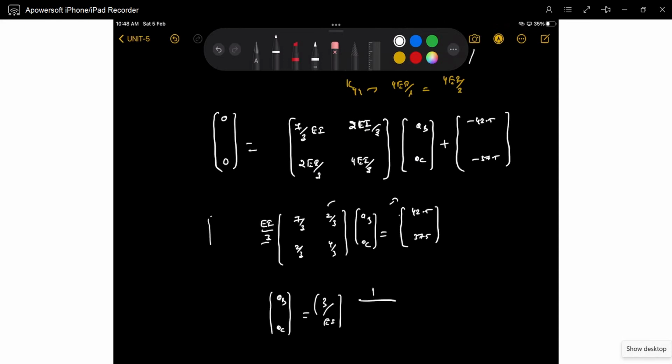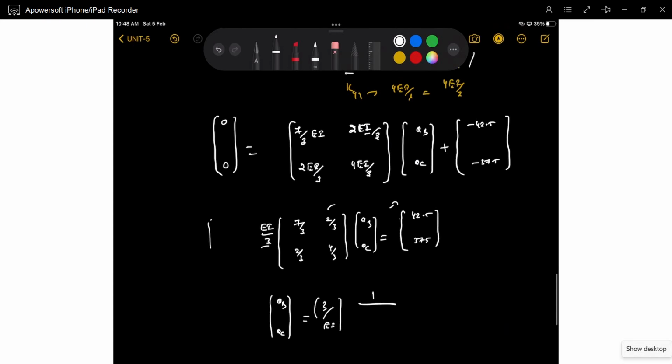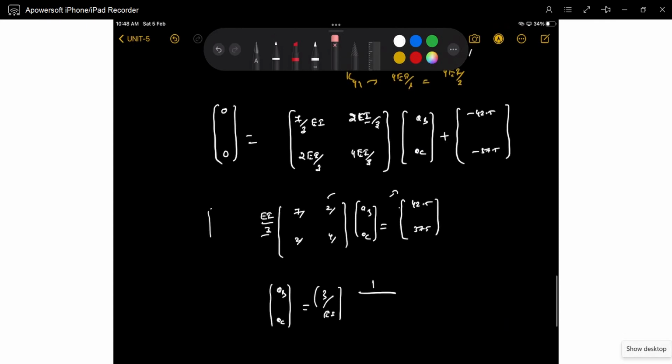Inverse means what? Inverse is 1 by 7 into 4 minus 2 into 2, times the matrix 4, minus 2, minus 2, 7. You already know it. Theta B, theta C.